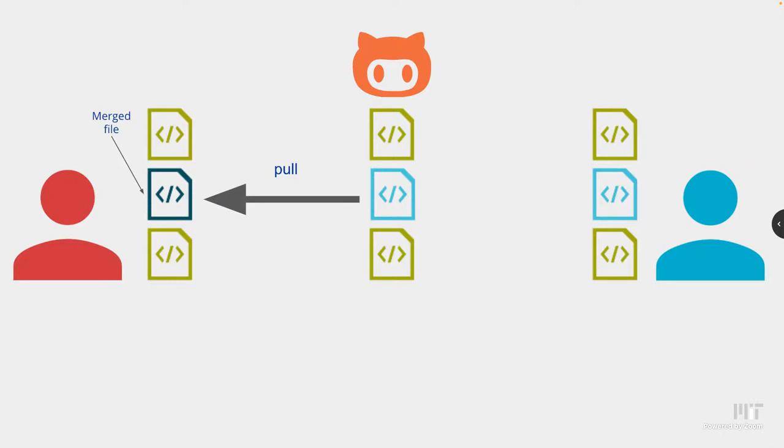This is a great system because it cuts down on any inefficiencies of comparing lines of code, but also gives control to the person who's pulling in case they want to make some manual changes. So Ben merges, and once he merges, he can commit and push the file back to the server, and Alice can then pull from the server, and all of them will have the same code.